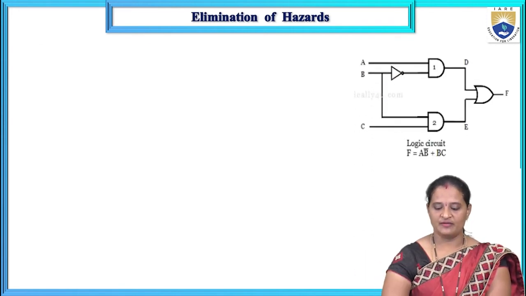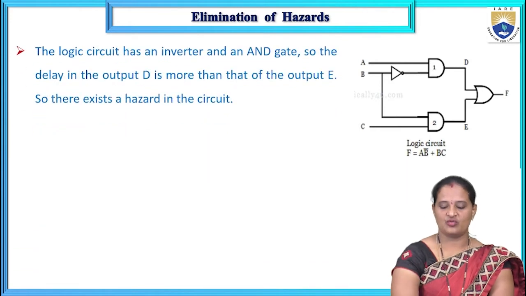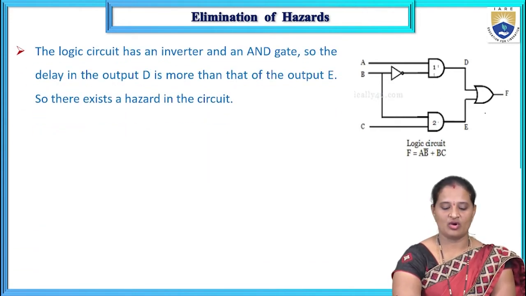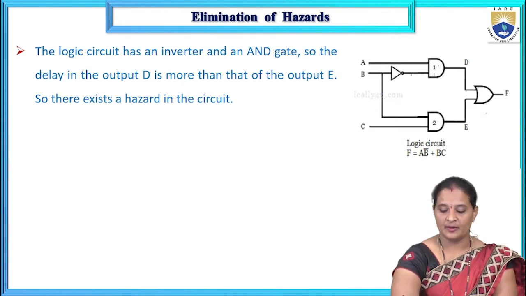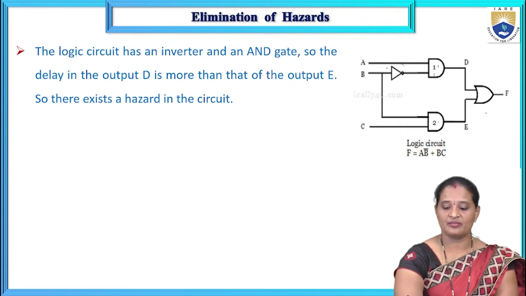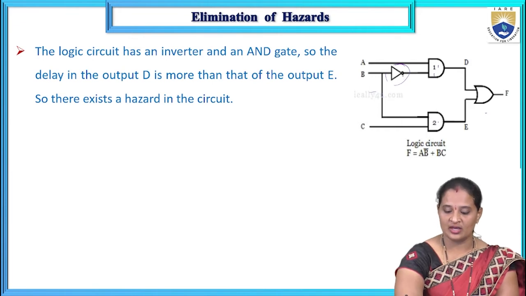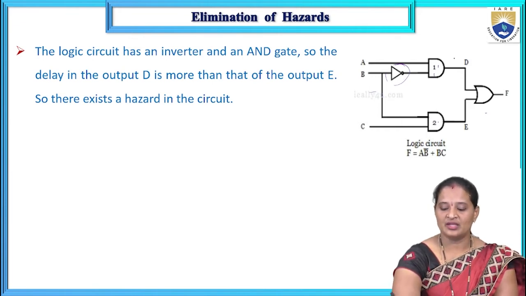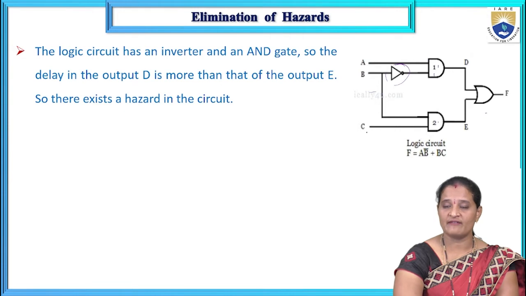So if you look at this logic circuit, what can we observe? We have 2 AND gates and 1 OR gate. One of the inputs of this AND gate is coming from the inverter, whereas we don't have any other logic gate at the input side of the second AND gate.